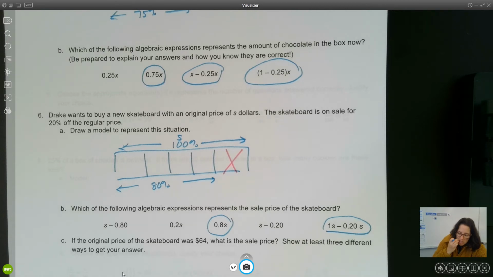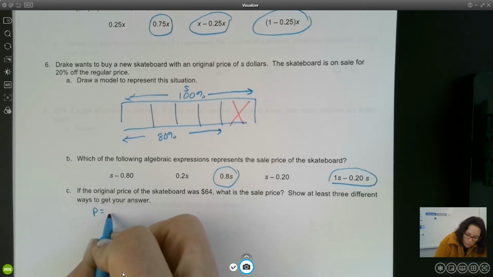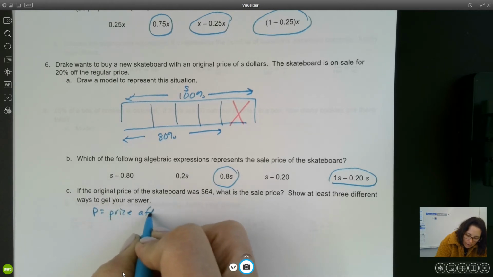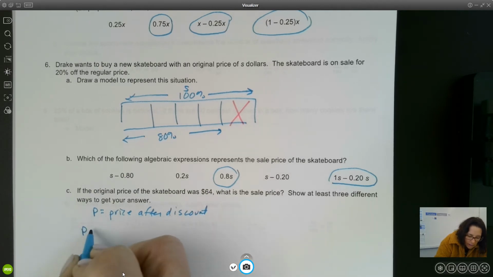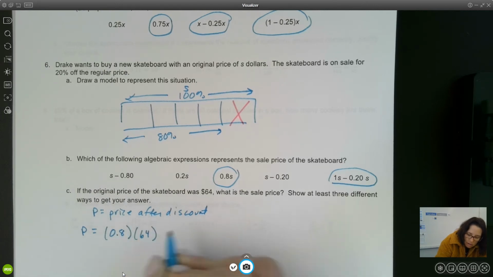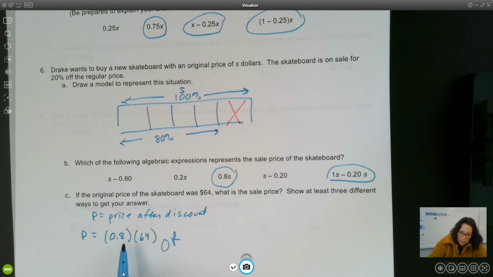Okay, if the original price of the skateboard was $64, what does the sale price show? At least 3 different ways to get your answer. So I'm going to kind of focus on the problem that we did on the last page. Same deal. Okay, so P equals price after discount. So I've got P equals 0.8 times 64. Okay, so we plugged in a 64 in for the price, $S. Okay, that's one way. Let's do this.